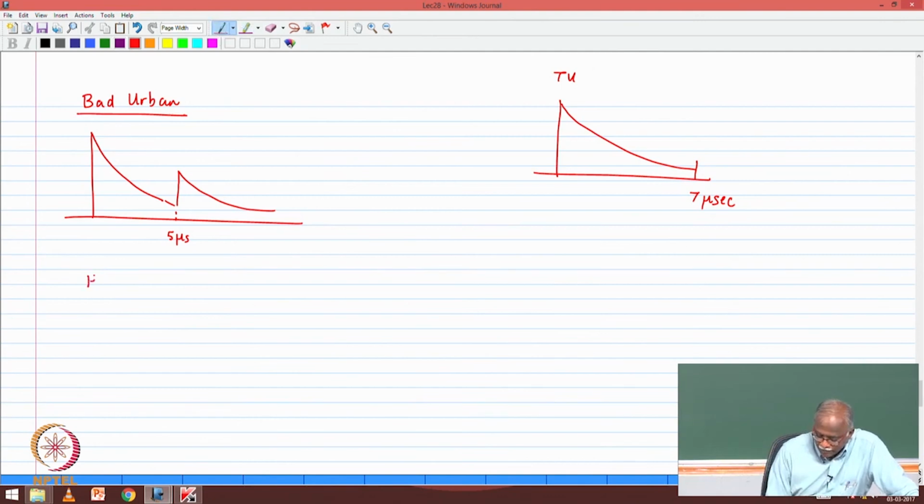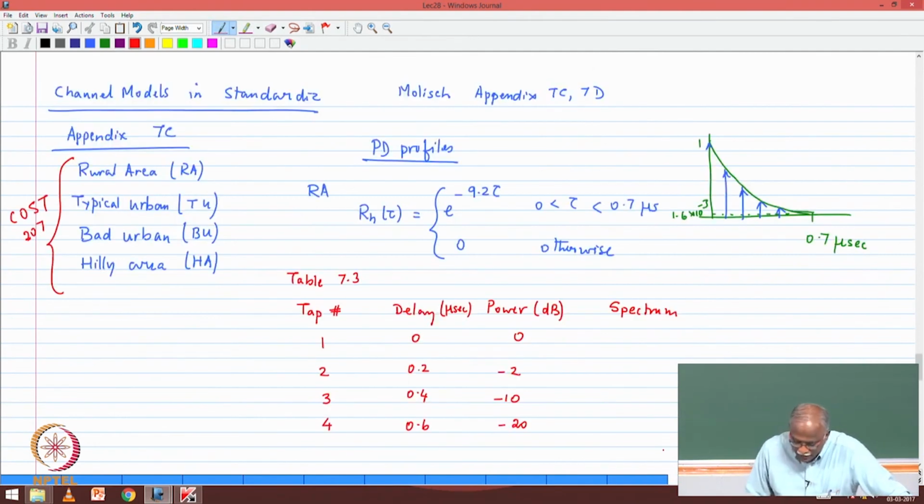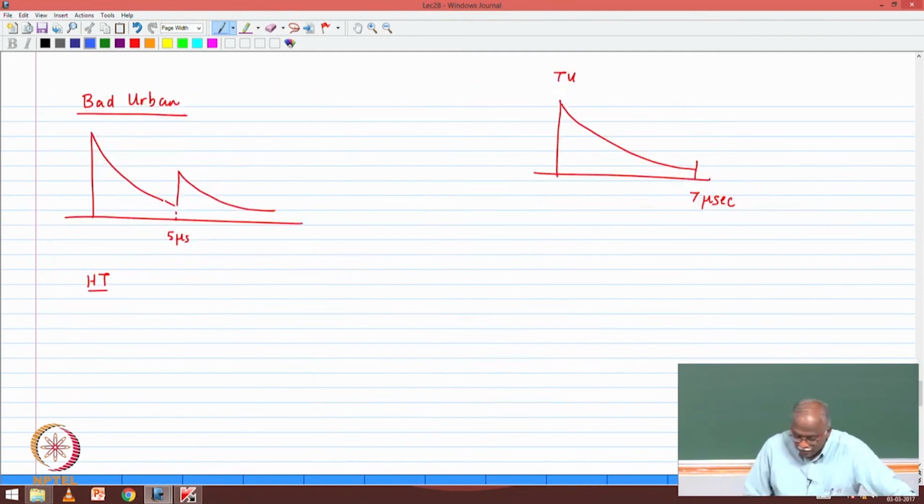Now, hilly terrain. Did I call it HA? It should be hilly terrain, HT. Okay, hilly terrain, again very intuitive. Let me just sketch it for you.